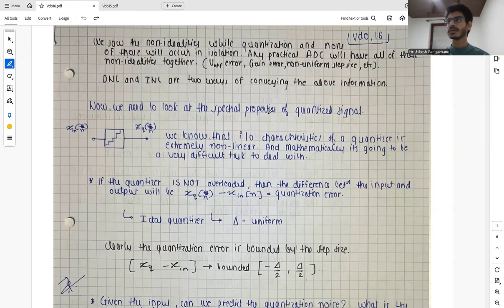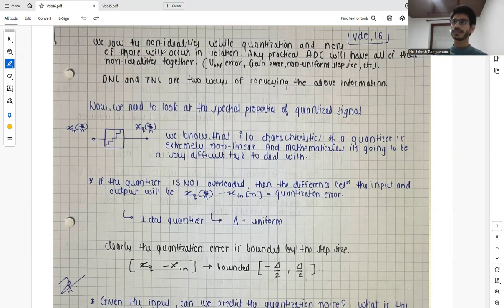Like basically, we discussed V offset error, gain error, non-uniform step size, etc. So all of them will occur together in any practical ADC. So then DNL and INL are two ways of conveying the same information, right? So now we need to look at the spectral properties of the quantized signal.